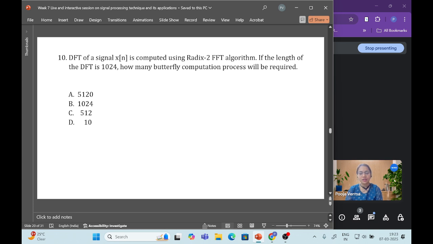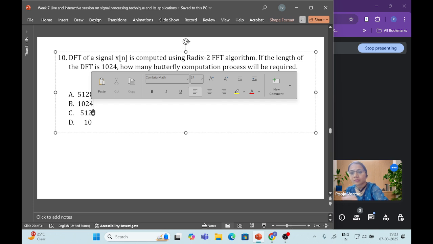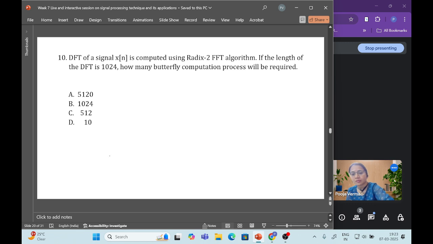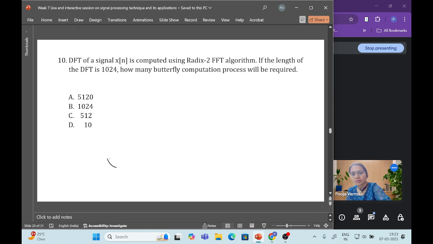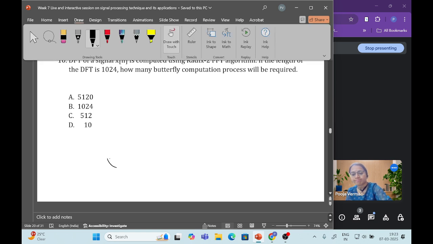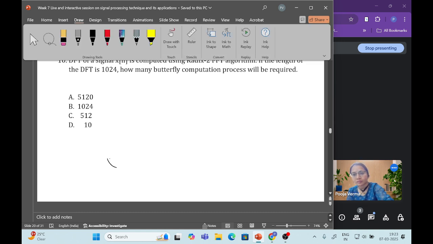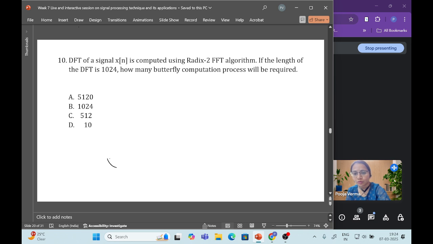If the length of the DFT is 1024, then N is given as 1024.